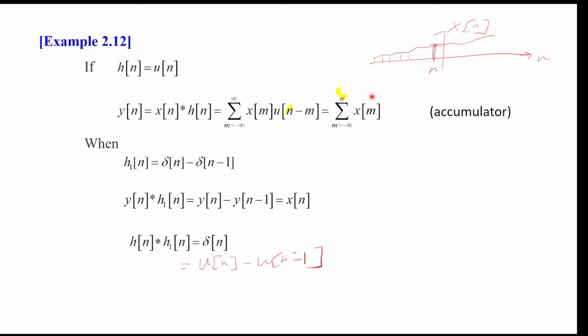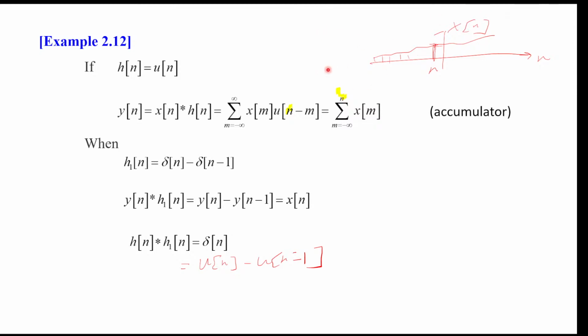You are summing over x of m for m from minus infinity to n. Remember the independent variable here is actually m, so n is now located at the summation limit. And anyway, this is our system.